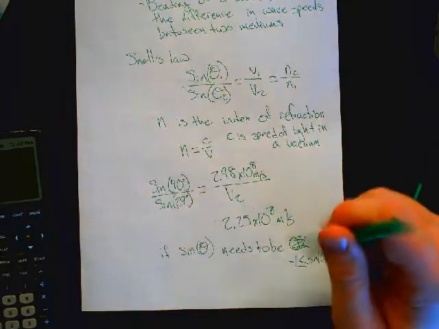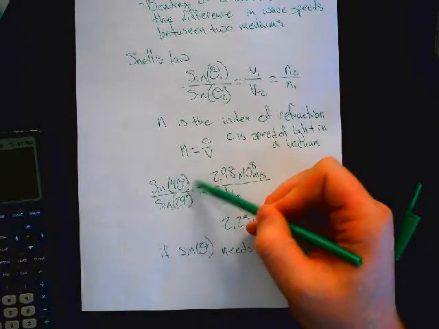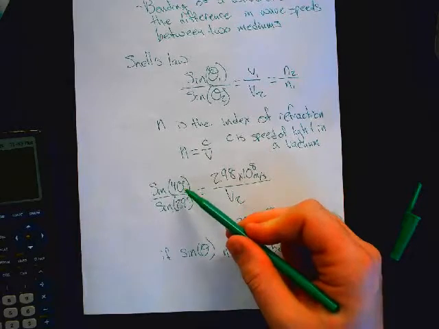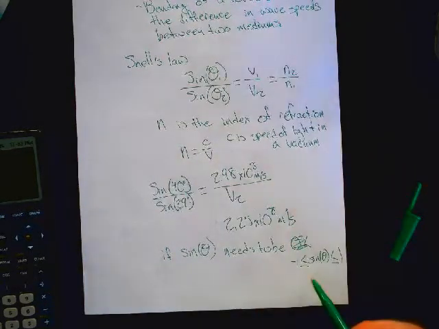If it is 0, then this value will also be 0, because you can multiply them up to the other sides. So sine theta in all cases must be between -1 and 1. If it is not, we observe complete internal reflection.